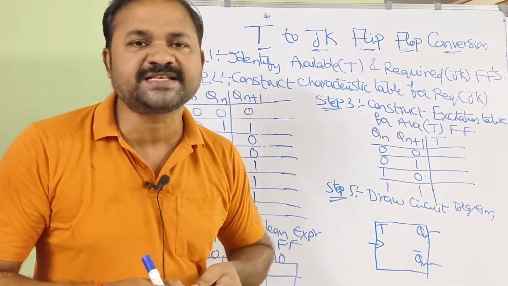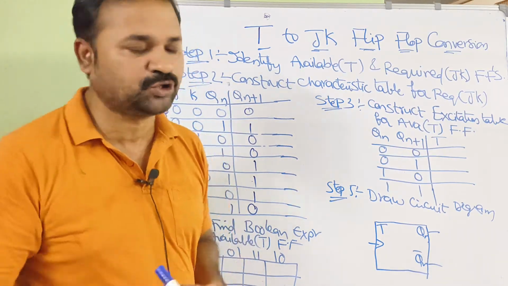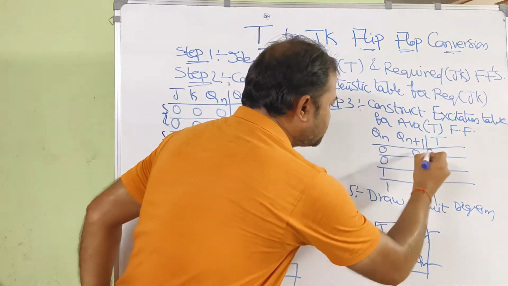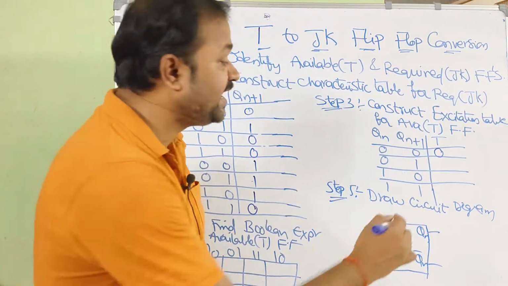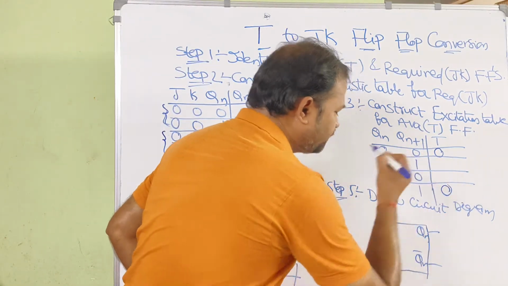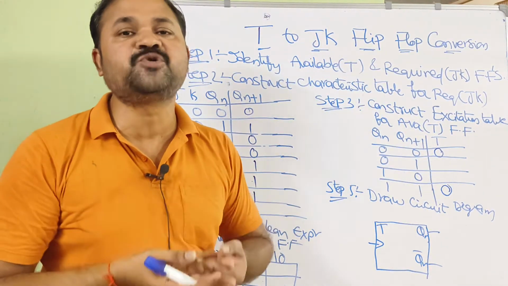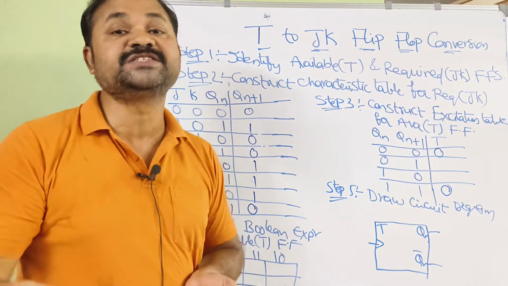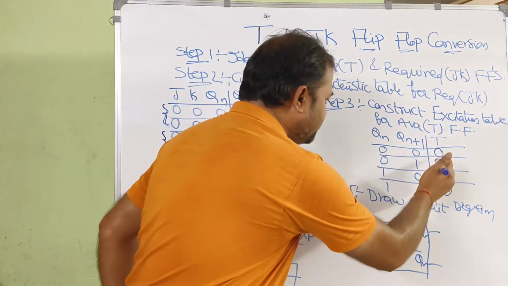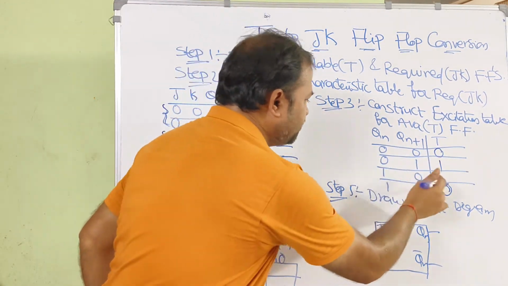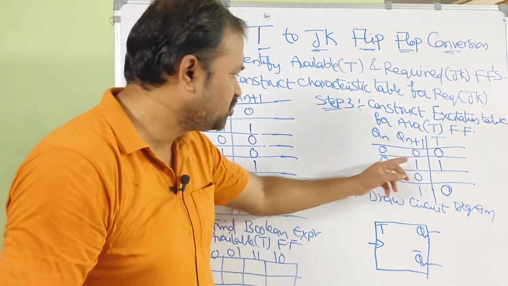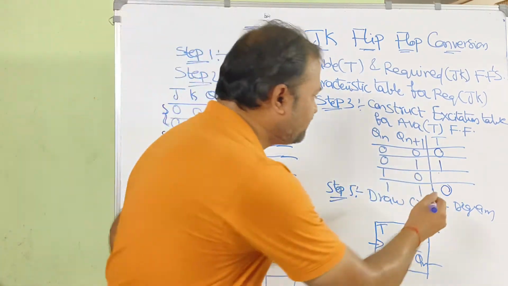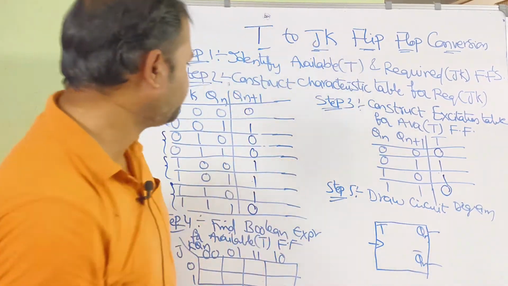If the inputs are same, then the output is 0. So 0 0, same inputs, so output is 0. 1 1, same inputs, so output is 0. Whereas if the inputs are different, then the output is 1. So 0 1, different bits, 1 0, different bits, so output is 1.